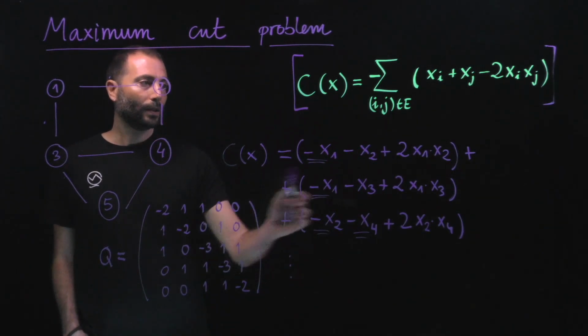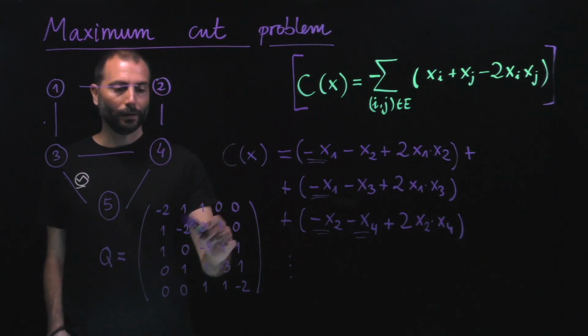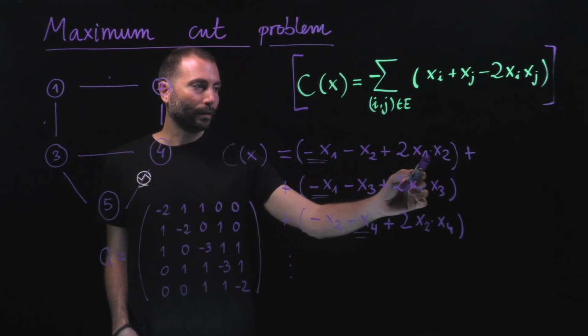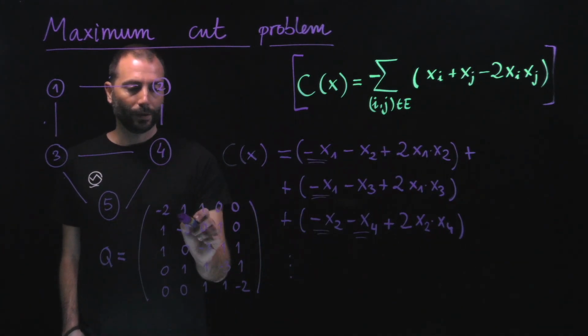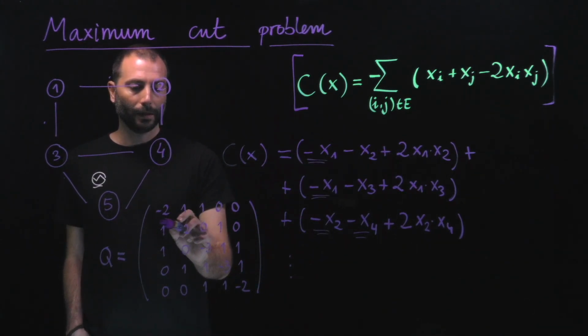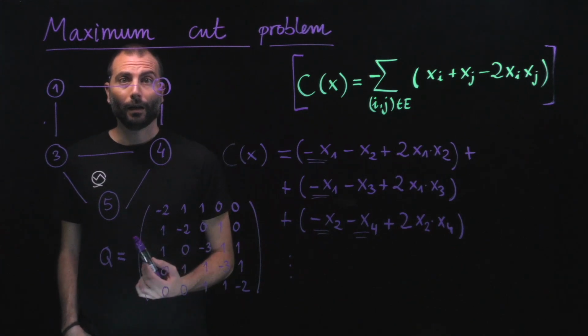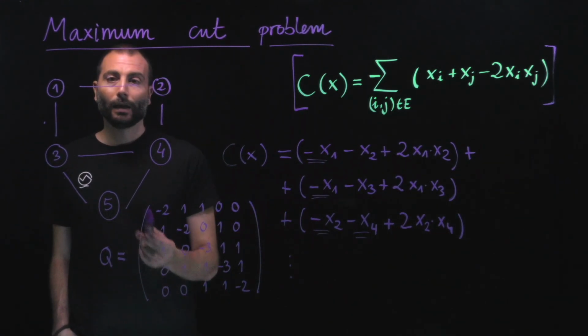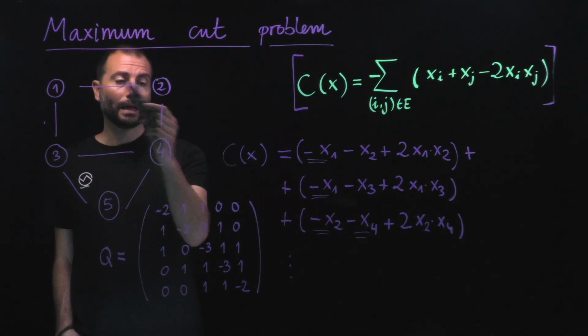And then we just decompose it in these 2 contributions. And this x1 times x2 would be just this element here and this element here, that together give 2.